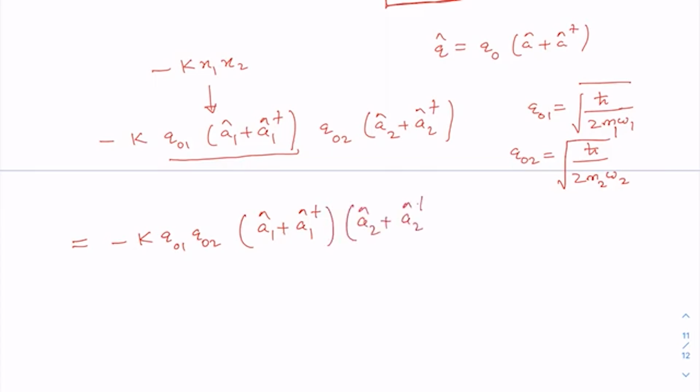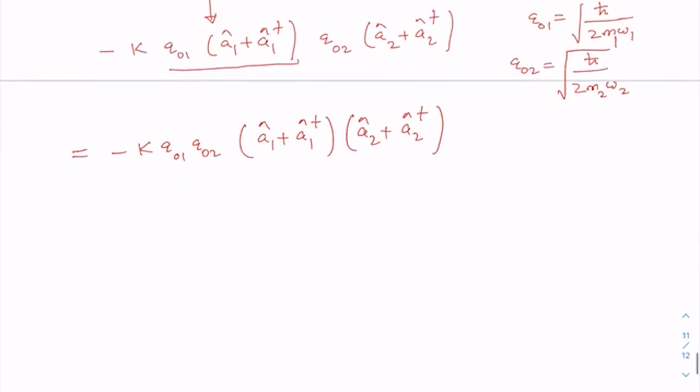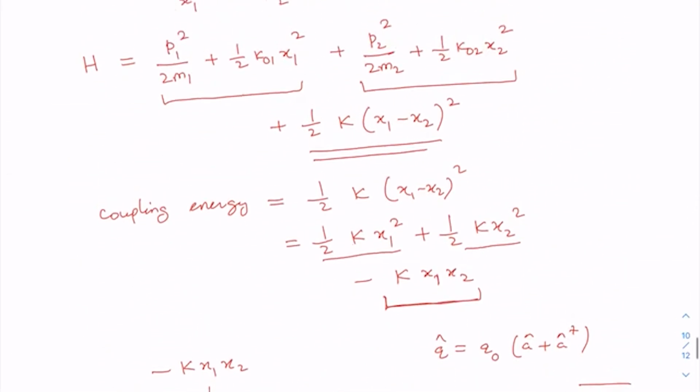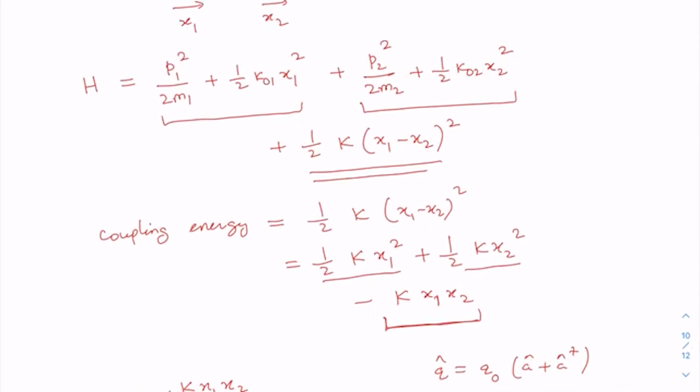And the quantum mechanical version of the first part of the Hamiltonian would be represented by h cross omega 1 (a1 dagger a1 plus half), and similarly the second part would be h cross omega 2 (a2 dagger a2 plus half).